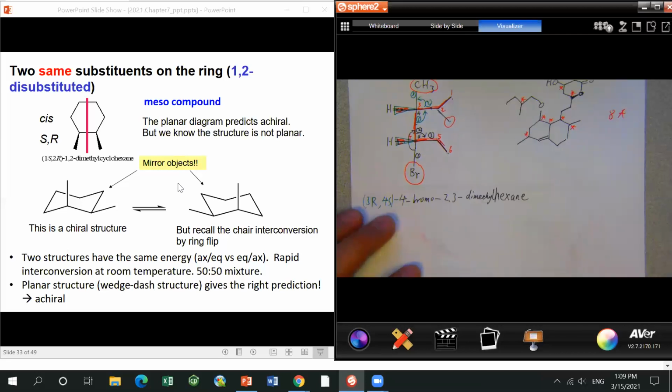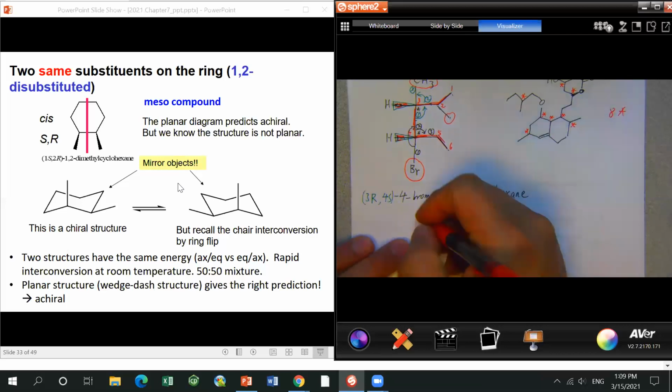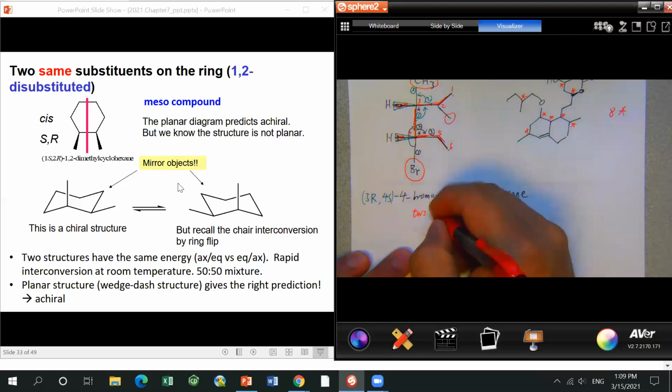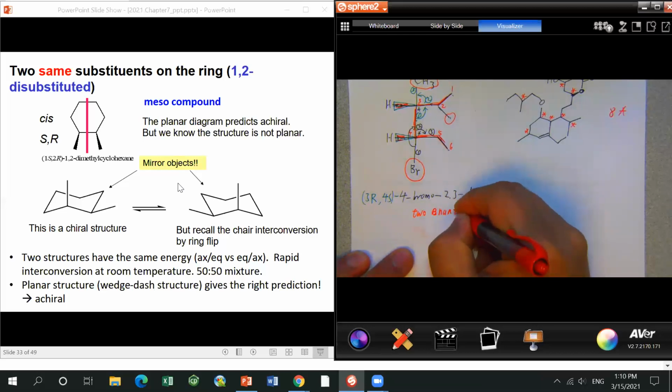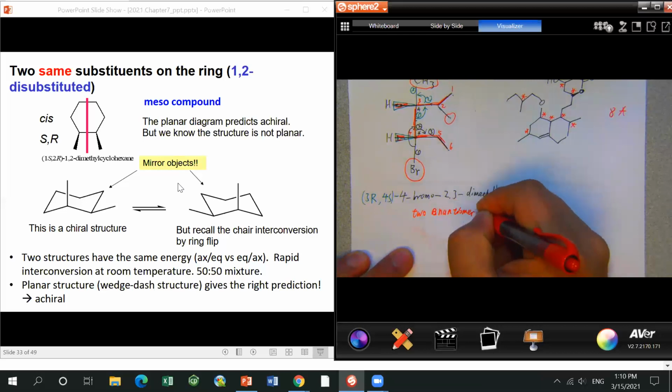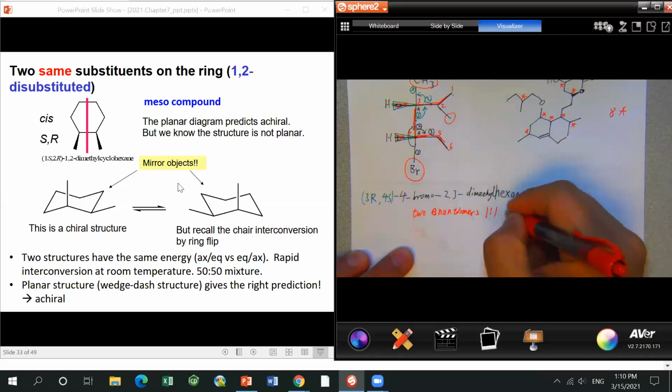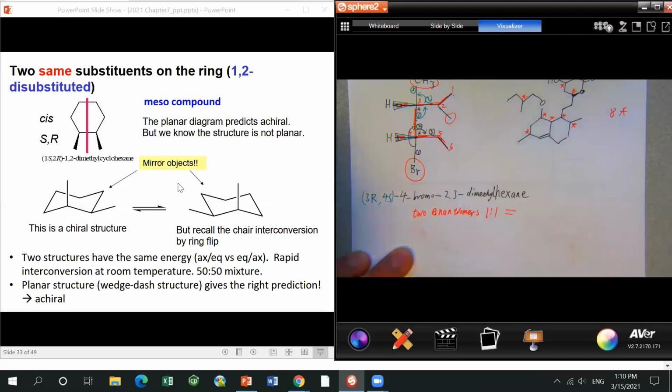Here you can write it down: in one solution, if 2 enantiomers are in a 1-to-1 ratio, the whole solution you can treat as achiral.